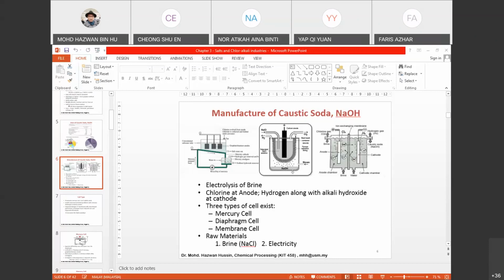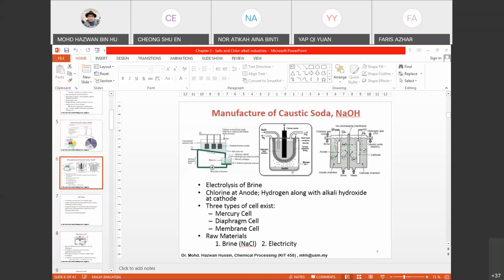For the advantage, the sodium hydroxide produced has high concentration, and it requires less energy for evaporation.